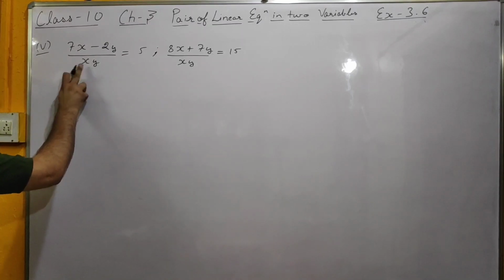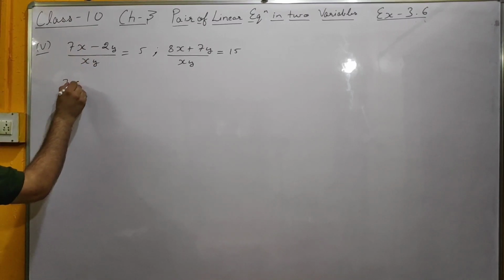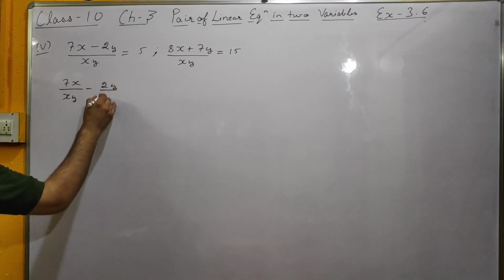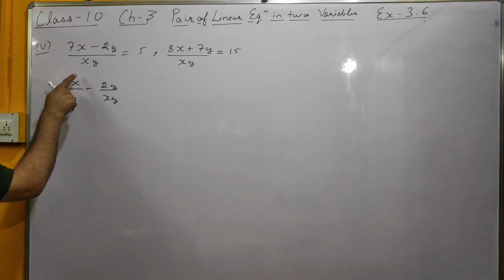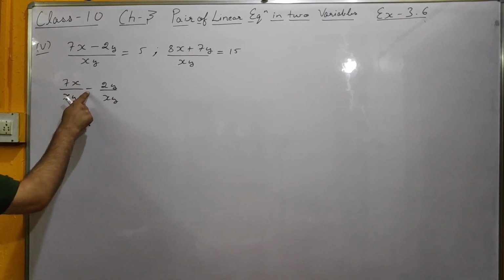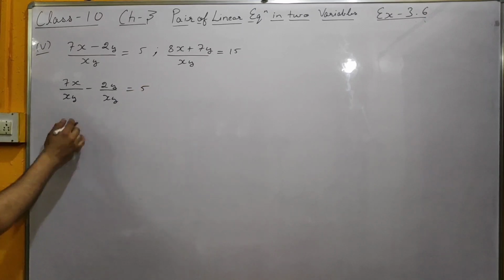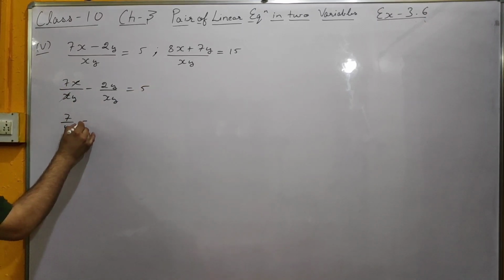See, xy is the denominator for both. So can we write it in this way? Minus. Alright, because this is the denominator for both. So 7x upon xy minus 2y upon xy equals to 5. Now x cancelled. 7 by y is left.